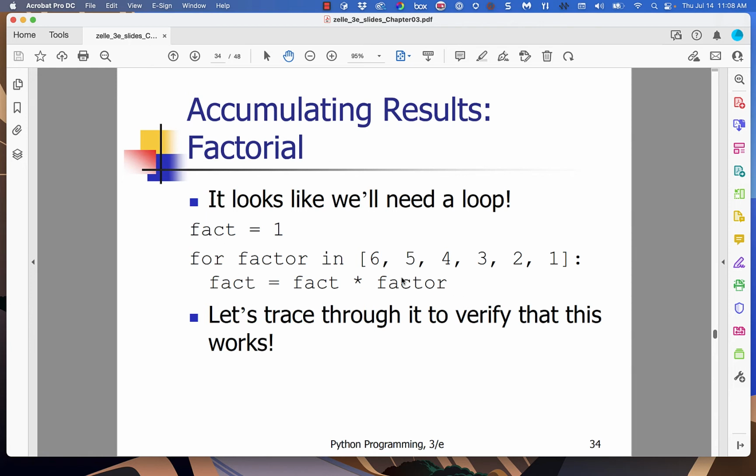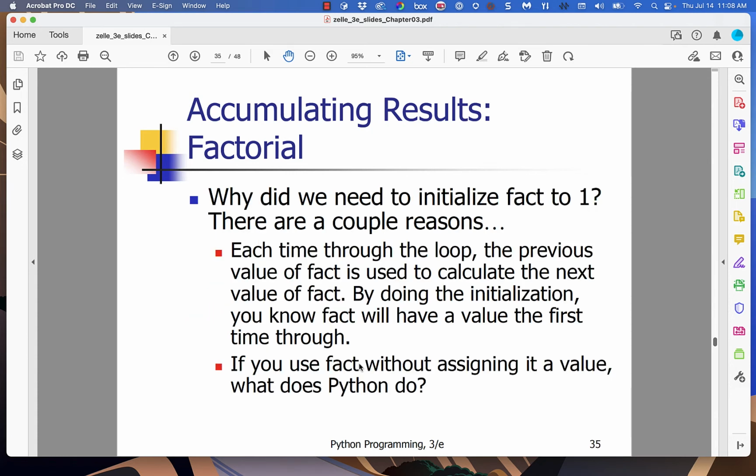You'll remember the way these assignments work: the value of fact before we execute the statement times the value of factor before we execute it is calculated, and then we put the result into fact, and that becomes the new value for fact. And he traces this through.